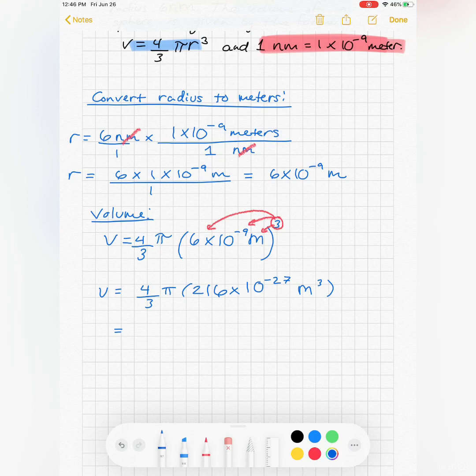So let's see how I want to simplify this. So I have it's 4/3 times the 216, that's over 1, times the pi, and then times the 10 to the negative 27th. So let's see, 216 is divisible by 3, isn't it? That would be 72.